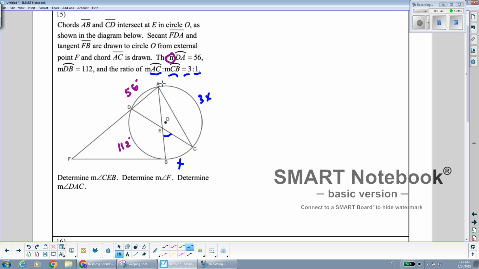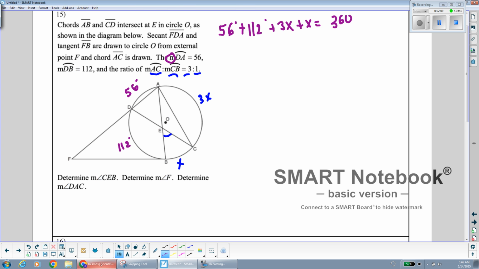I know that all together, the whole circle is 360 degrees. So if I put all the parts together of the arcs, 56 degrees, 112 degrees, 3x and x, that makes 360 degrees.